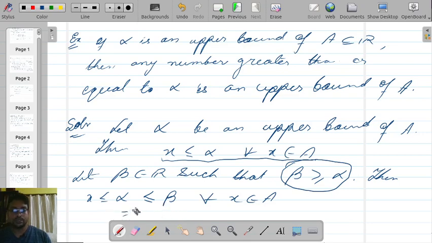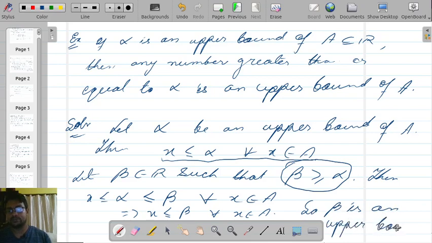I have written x less than or equal to alpha, and alpha is less than or equal to beta. So by the transitive property, x is less than or equal to beta for all x inside A. So beta is an upper bound. Beta is also an upper bound of A.